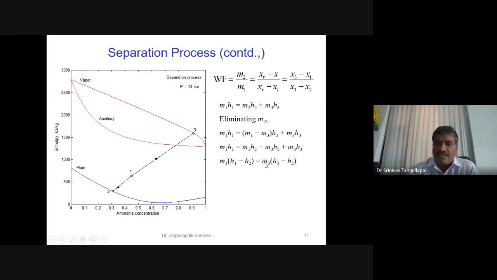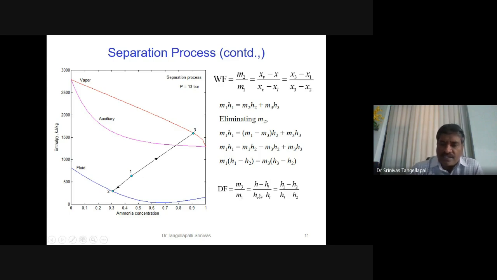Therefore, M3 by M1, which is psi, is the dryness fraction. But this dryness fraction we are now defining in terms of enthalpy. Earlier, the dryness fraction was defined as a function of concentration, where the x-axis is concentration. The same dryness fraction you can also define on the y-axis, that is enthalpy.